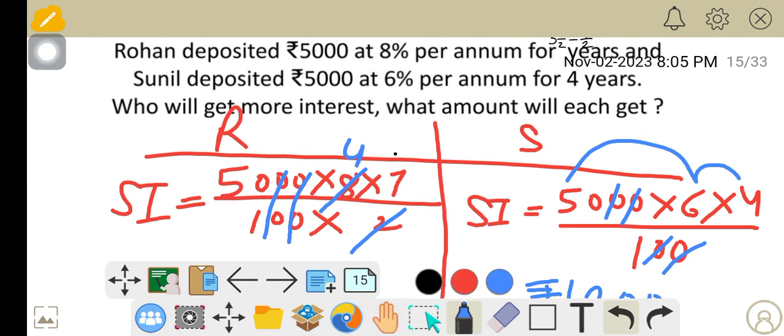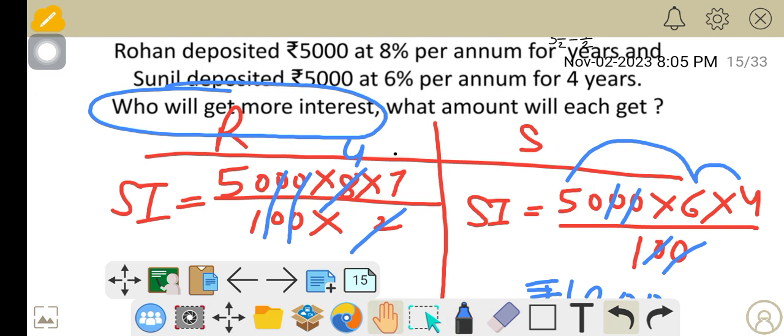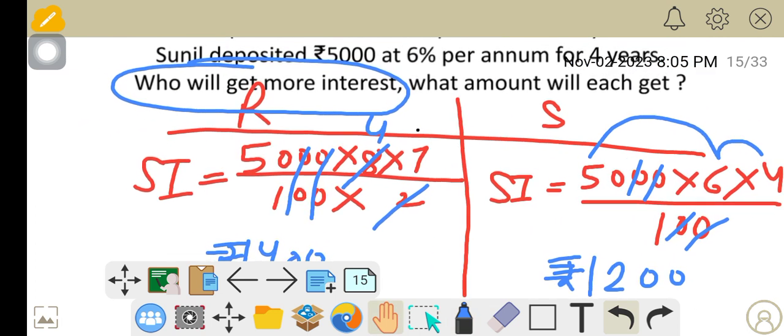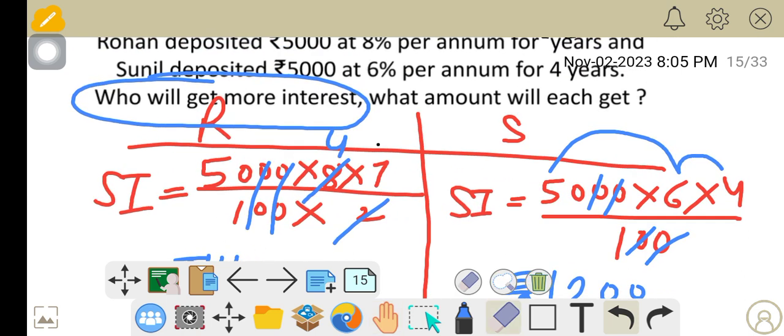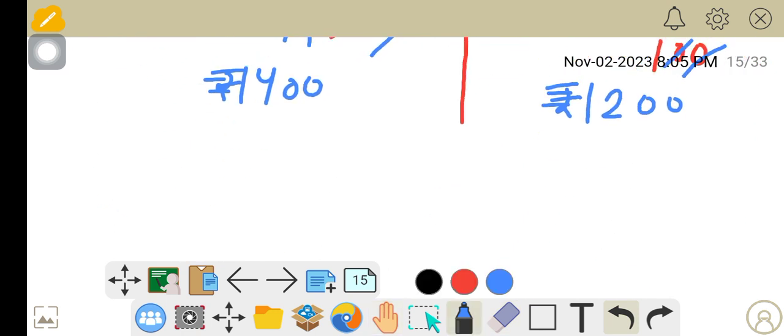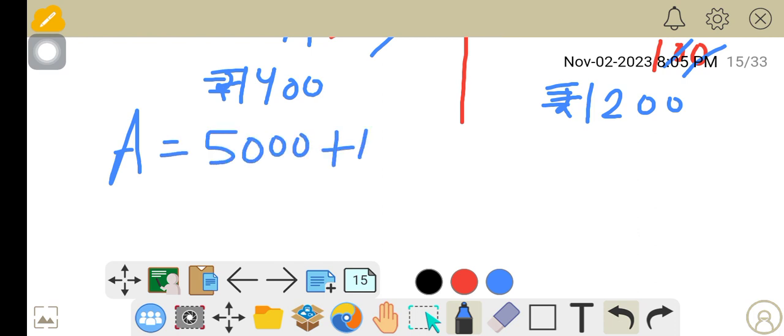So the first question was who will get more interest. So now we can answer the first question. Rohan will get more interest. Now the next question, what amount will each get? So the amount in the first case, amount equal principal 5,000 plus interest 1,400, so it will be 6,400 rupees.